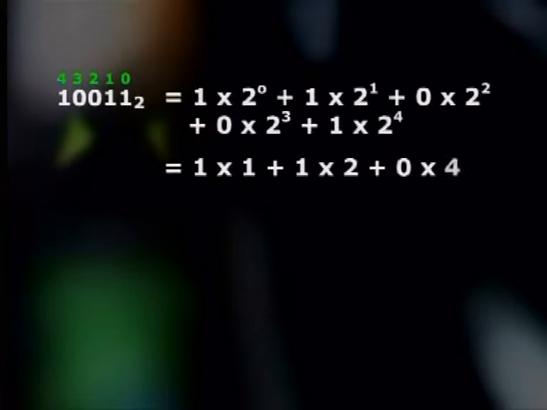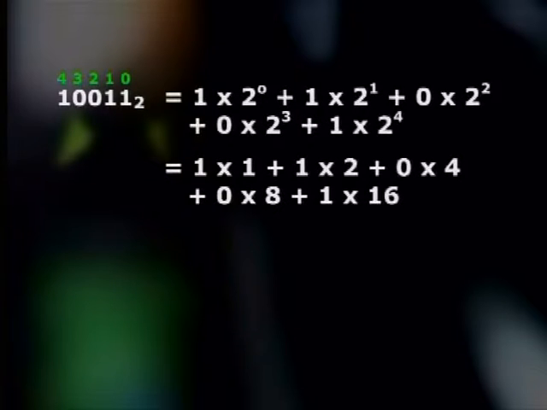Working that out, we get 1 times 2 to the power 0, which is 1. In maths, you would have learned that anything to the power 0 is equal to 1. Plus, 1 times 2 to the power 1 is just 2. Plus, 0 times 2 squared, which is 4. Plus 0 times 2 to the power of 3, which is 8, plus 1 times 2 to the power 4, which is 16.